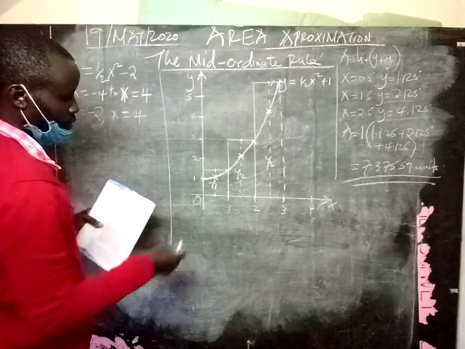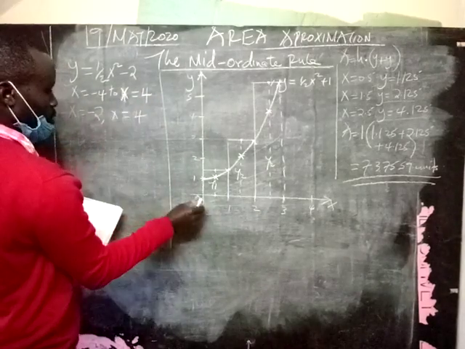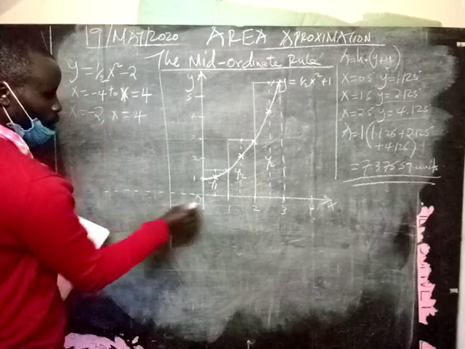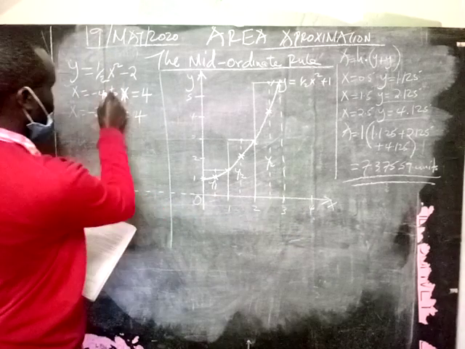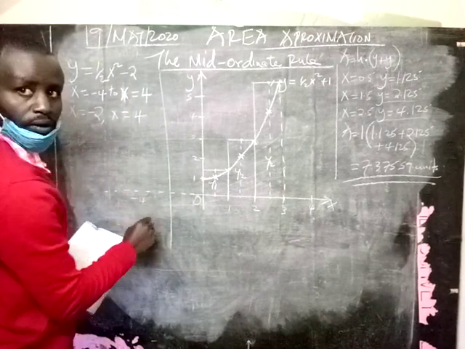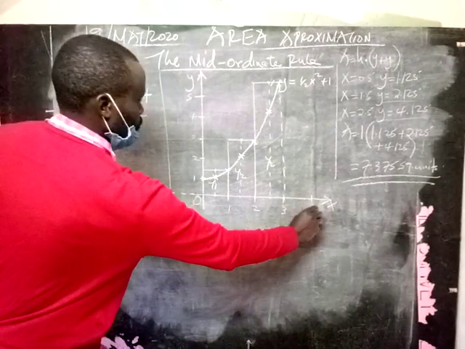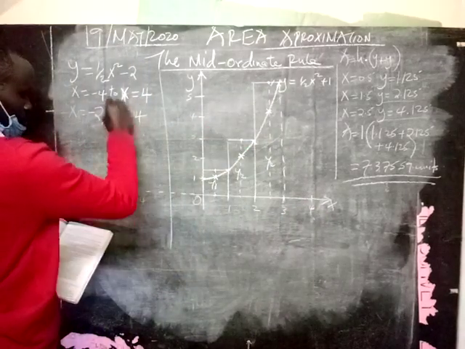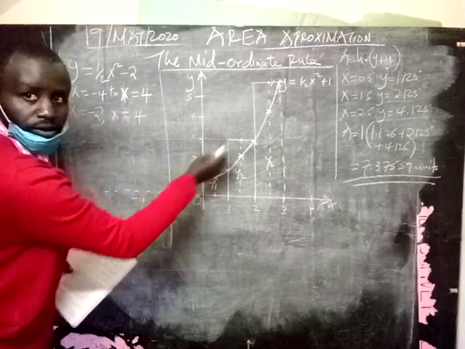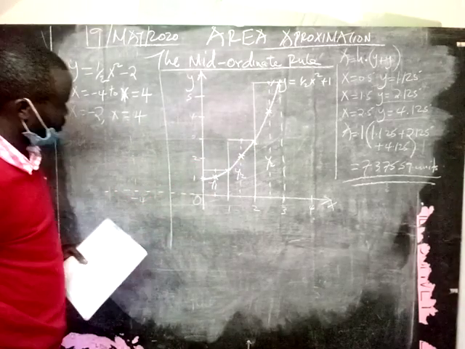Remember, the graph that we're going to draw in this case is going to start from, ours started from 0 to 3. But for this case, starting from -4 all the way to +4. So if your graph is going to behave this way, then it's going to that point. So I hope you understand.